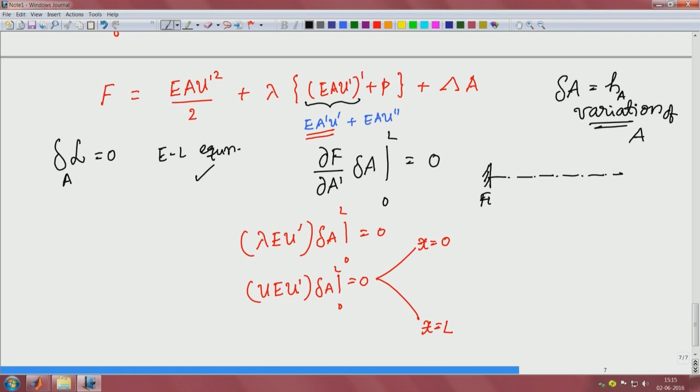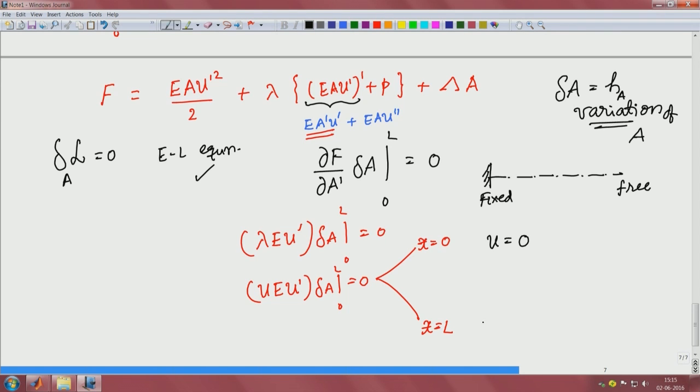So, I say this is fixed here and then free there. Okay. Now, if you look at this x equal to 0, u is equal to 0, right. So, it is satisfied. This boundary condition is satisfied because u is specified, that is 0, right.